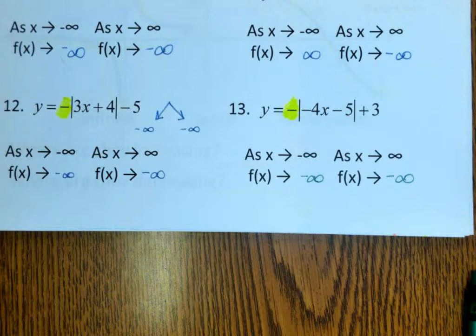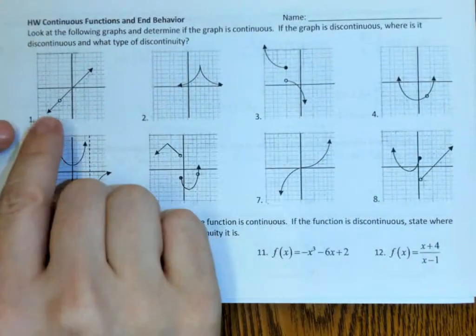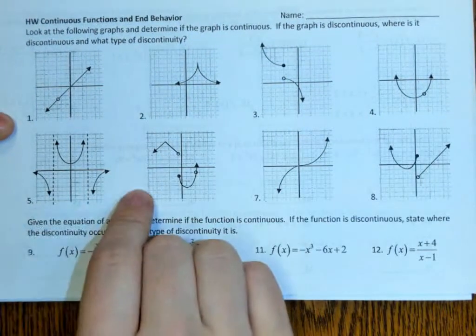Now it is time for your homework / classwork. Now, you don't have to graph any of these unless you want to. The goal here is going to be able to do it without a calculator. Okay? So all you need to do for these problems, tell me what type of end behavior it is.